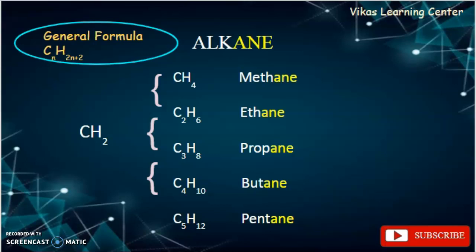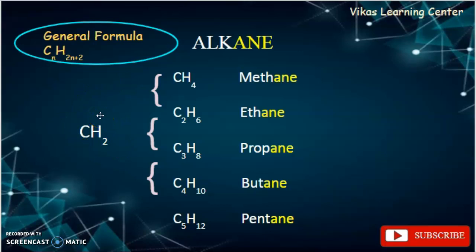The same thing you can also observe between the second and the third member of alkane, even with the third and the fourth member of alkane, and it goes on. So you can see here the consecutive members of the alkane differ by 1 carbon and 2 hydrogen atoms, that is by a CH2 group.